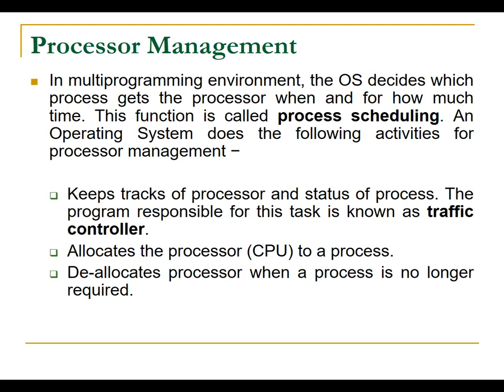Now, thousands and millions of mini, micro, major processes get evaluated by the central processing unit, that should be controlled. So that should be controlled using another component available in process management, which is called the traffic controller.